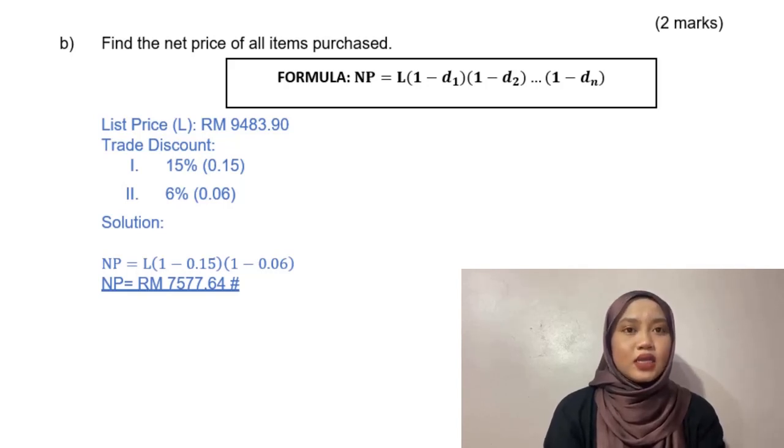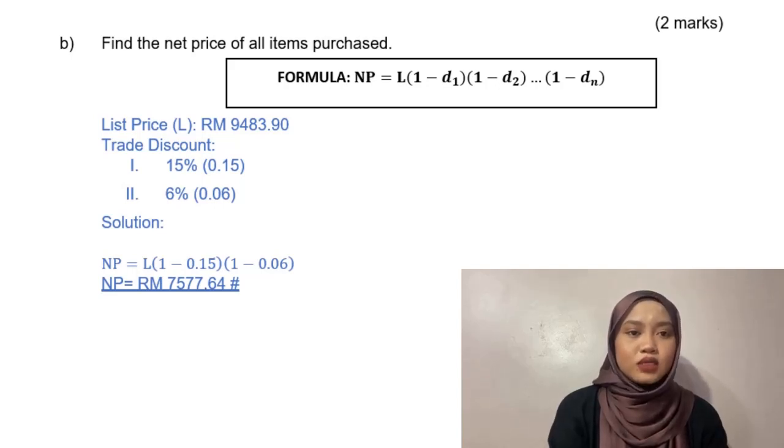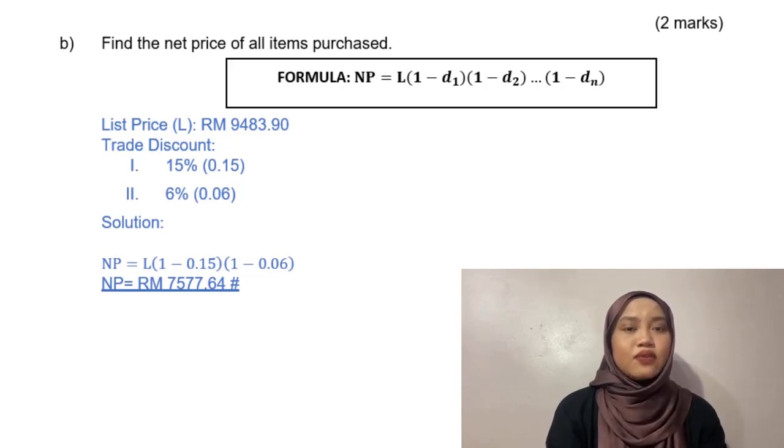List price L is equal to RM9,482.90. And for our trade discount, we only have 2 trade discounts. The first one is 15%, which is equal to 0.15, and the second trade discount is 6%, that is equal to 0.06.